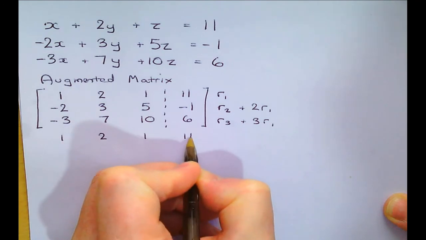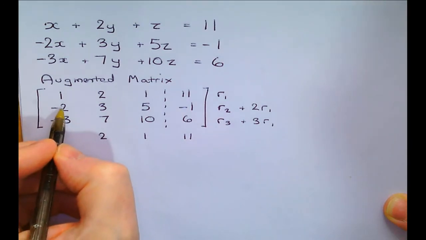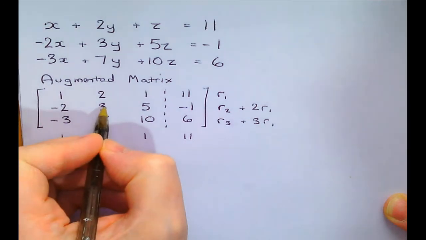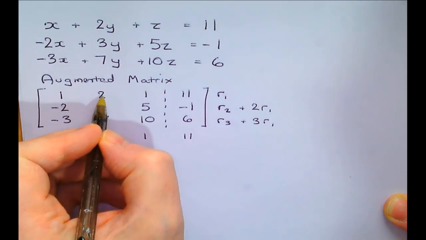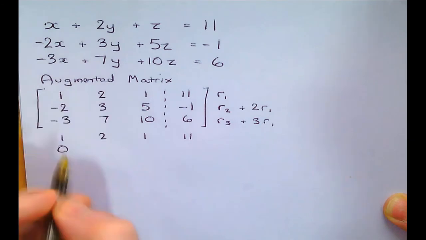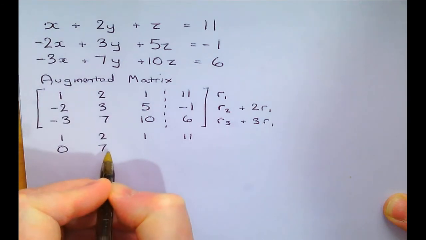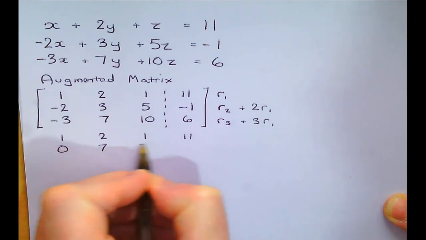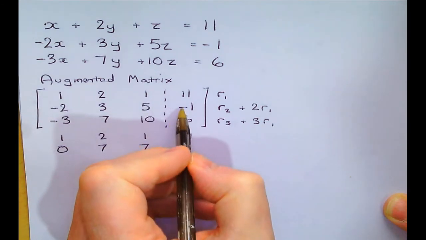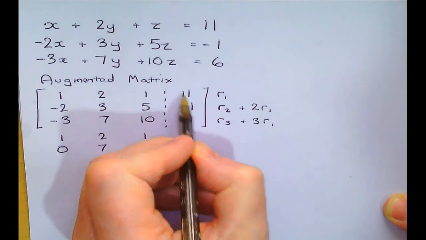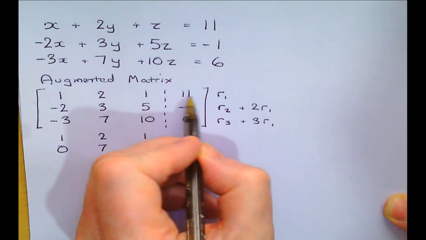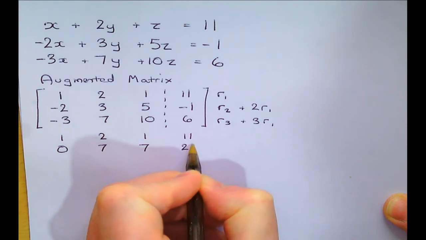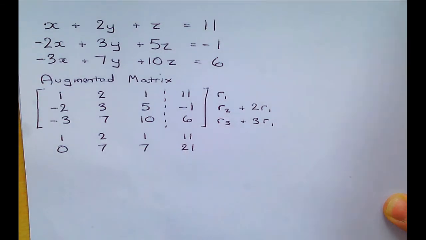So that's row 1. For row 2, minus 2 plus 2, 3 plus 2 times 2, 3 plus 4, that's 7. 5 plus 2 times 1, 5 plus 2, that's 7. Minus 1 plus 2 times 11, minus 1 plus 22, that gives us 21.